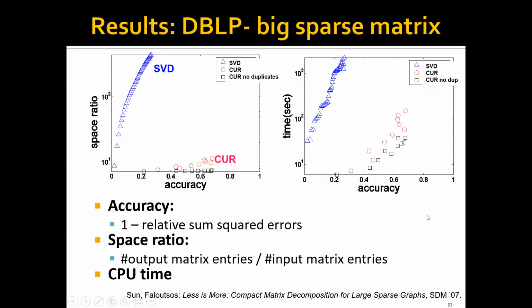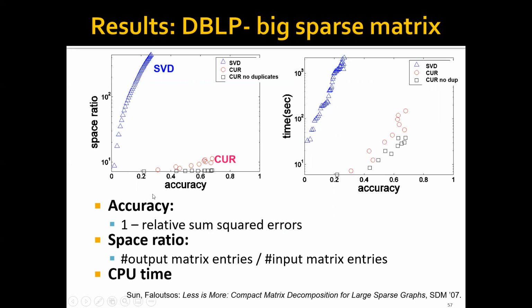And here's the result. The blue triangles represent the result of SVD, the red circles represent the result for CUR, and the black boxes represent the results for CUR with no duplicates. The horizontal axis is the accuracy, which is 1 minus the relative sum square errors.